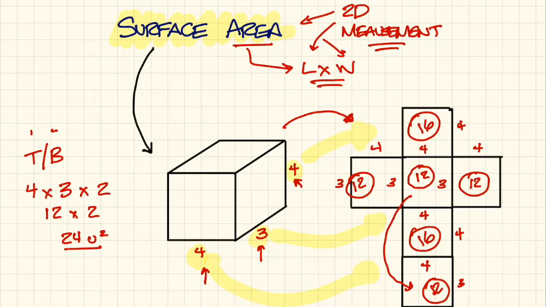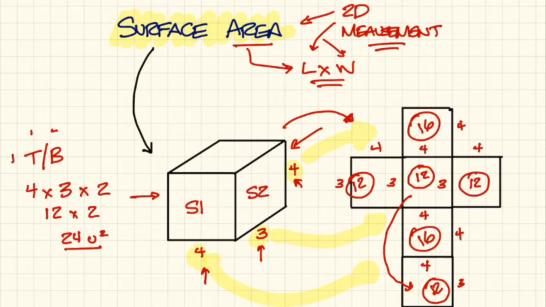Now my sides, and be careful here. Not all sides are the same in this problem, okay? I know side 1 and the side back here that I don't see are the same. And then I know side 2 and the side over here that I don't see are the same. You see that? Because they're both 4 high, but one is 4 wide and one is 3 wide.